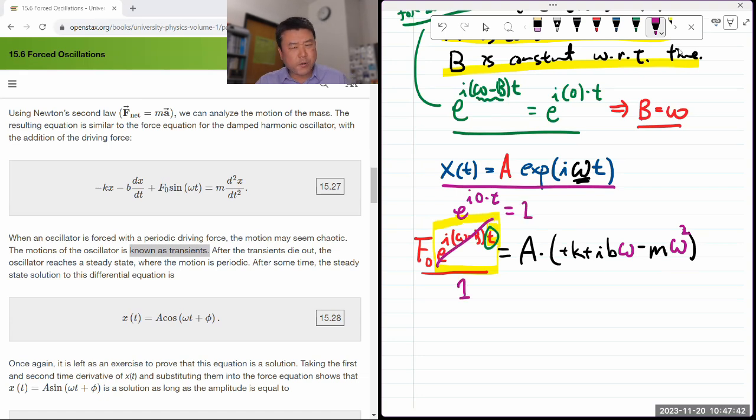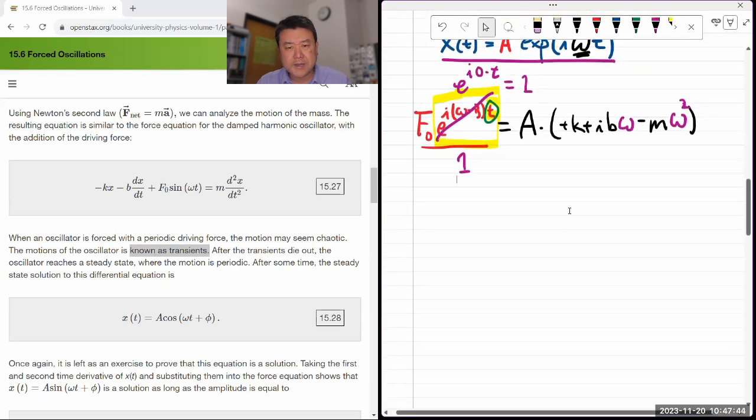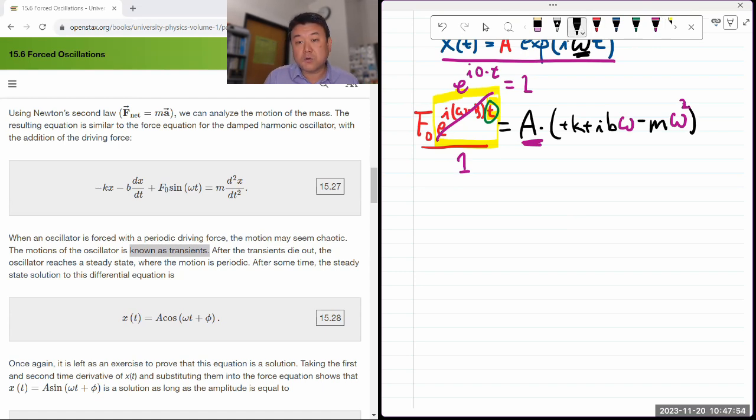So we have a new equation that we didn't have before last time, an equation that gives you the amplitude A. Before, A was a parameter that you would just set. Now we have a constraining equation for A: the driving force amplitude is equal to A times (K plus i b omega minus m omega squared). Okay, so let me solve for A.